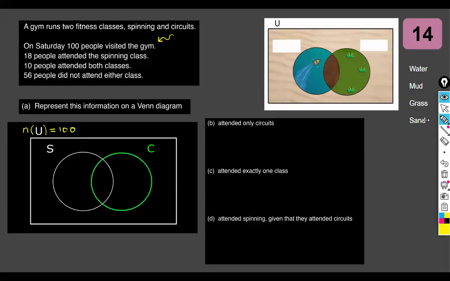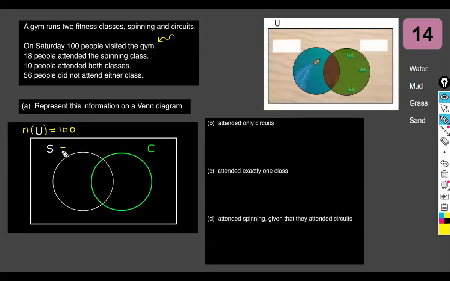Great. What's the next piece? 18 people attended the spinning class. Now look at how that is phrased. They said 18 people attended the spinning class, but they never used the word only or alone. So I have a good feeling that if you put that 18 inside, it's wrong. They did not use the word only.